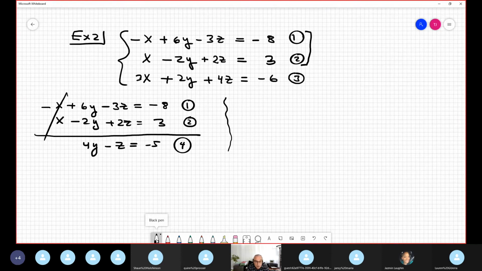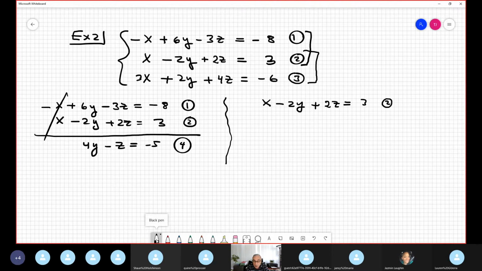Now I take another couple of equations. For example, I take 2 and 3. I don't know why, 2 and 3. Oh, 1 and 3, because the couple 1 and 2 I already took. So I take 2 and 3, and I just copy x minus 2y plus 2z equal 3.